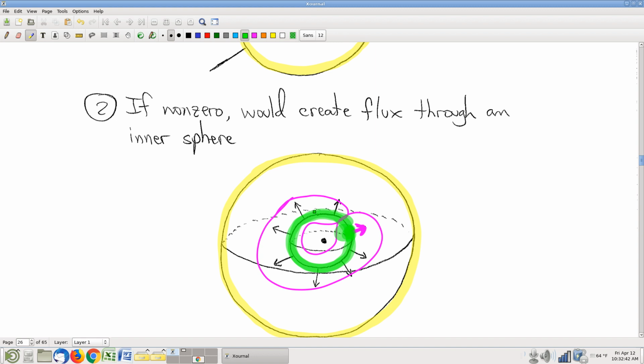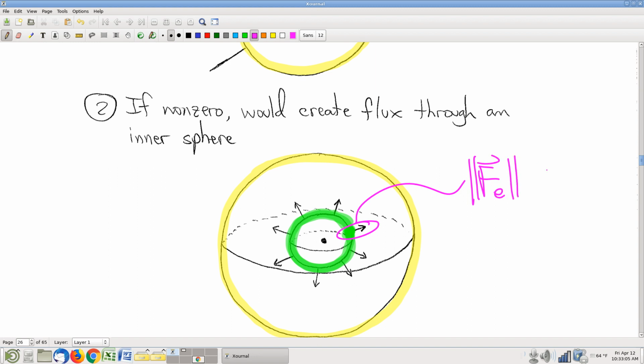Okay. All right. So, now, good news. I can tell you exactly what the flux is through that green sphere. I can compute that flux through the green sphere two different ways. On the one hand, we've already made an argument that this field strength is constant. Right?